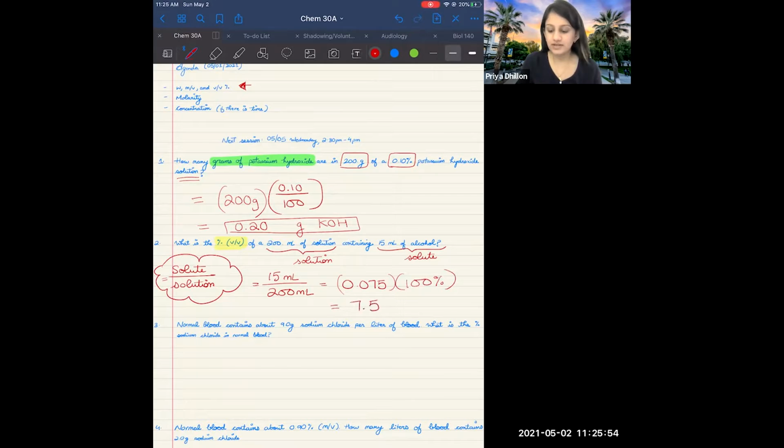It would be 7.5% of alcohol solution, right? Okay, are these problems kind of making sense now? If you guys have any questions about any of them, please do let me know.